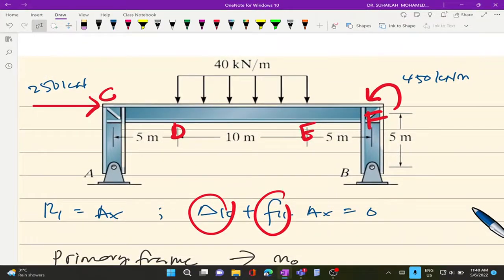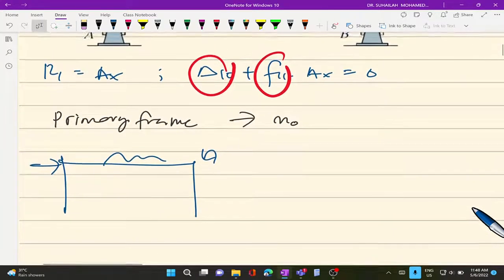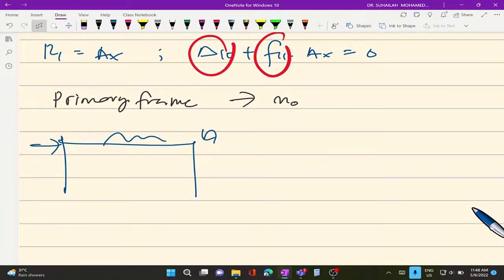Okay, let's say this is the frame with additional horizontal load at position C and moment counterclockwise at position F. So what we need to do? We have to calculate reaction at the support.